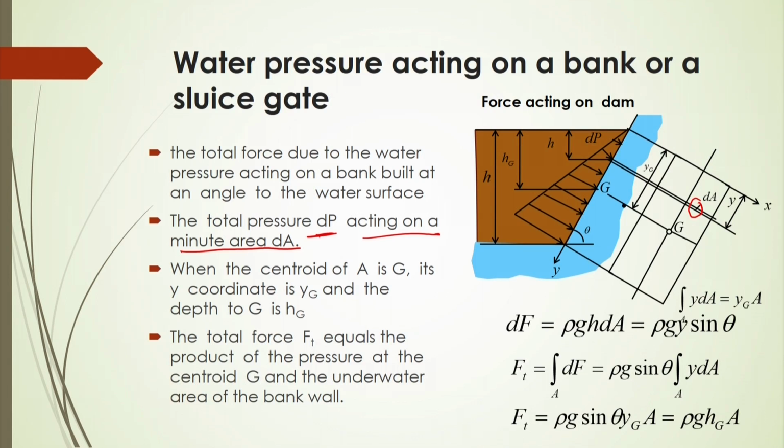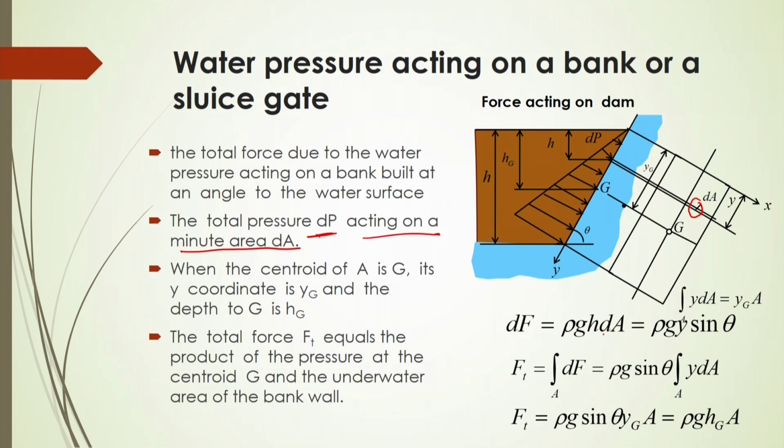Then the total force Ft equals the product of the pressure at the centroid G and the underwater area of the bank wall. This is the principle by which you can calculate the total pressure acting on the total area of the bank by this fluid.